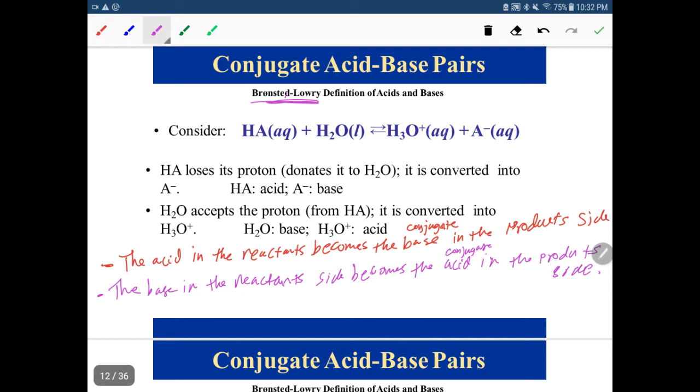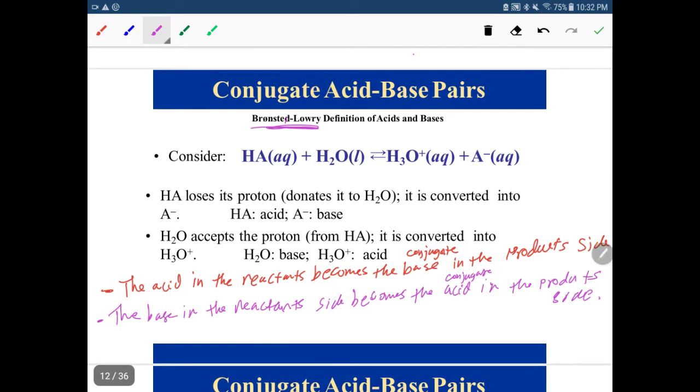So the first thing you need to do is identify the acid in the reactant side. Once you do that, you can easily identify the conjugate base. And then identify the base in the reactant side, and you can easily identify the conjugate acid.